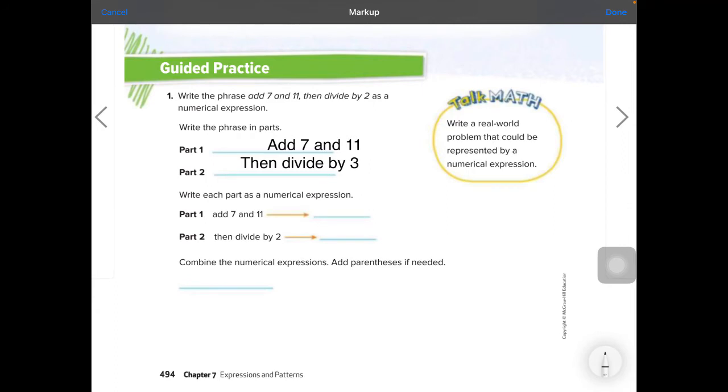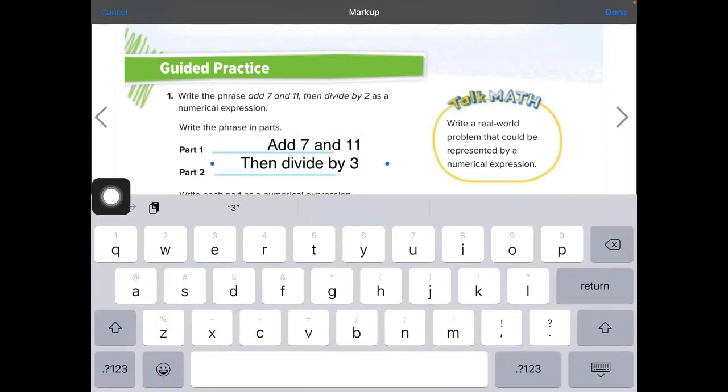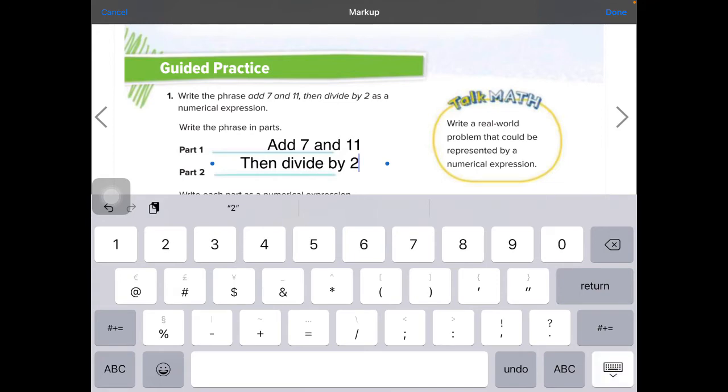Guided practice. Write the phrase add 7 and 11, then divide by 2 as a numerical expression. So here's what it looks like in word form. Add 7 and 11, then divide by, I wrote 3. It's supposed to be 2. So I better fix that. Ha ha.